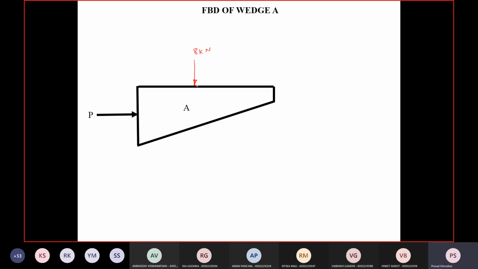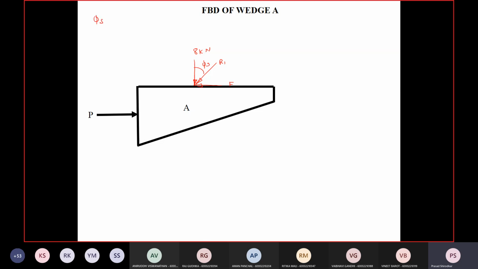This will be the frictional force F, and this as R1, and this is the phi static, which we already calculated on the earlier page.